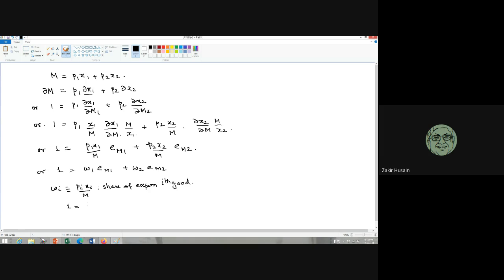That is the weighted sum of income elasticity is equal to 1, when the weights are the share of expenditure on each commodity.